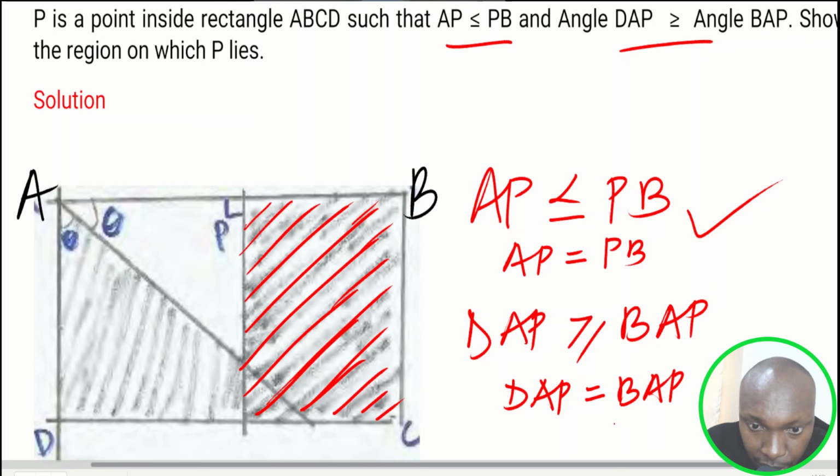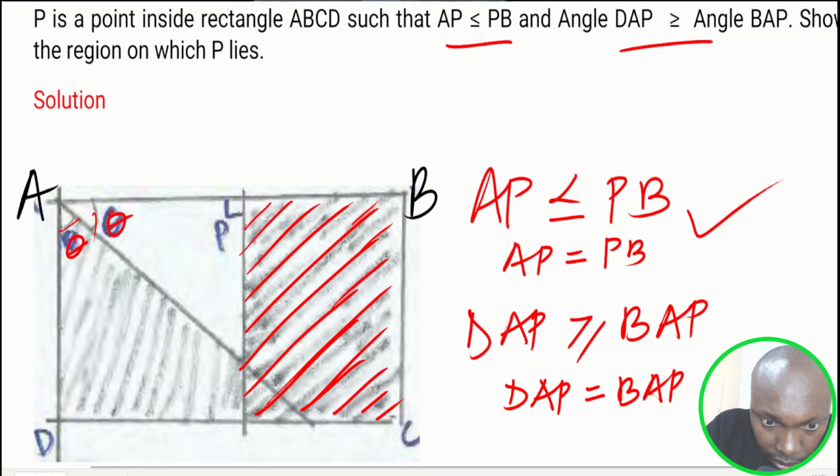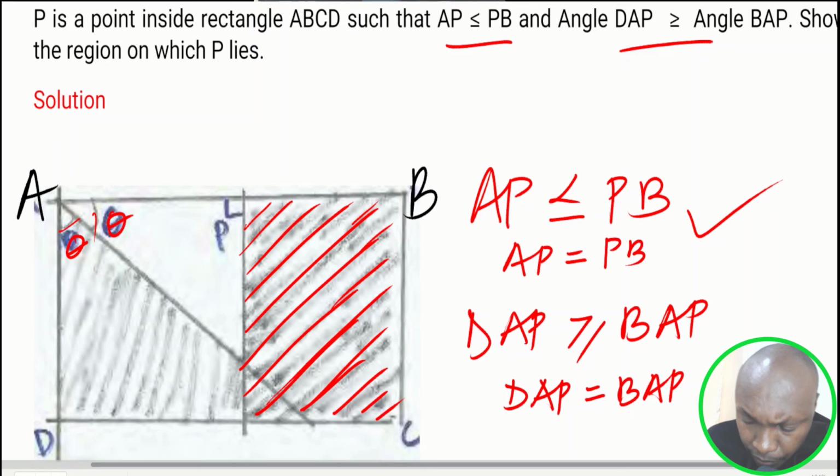That one tells you that this is the angle bisector locus, so to satisfy DAP equal to BAP, we just need to get the bisector of this angle, the bisector of DAB. If we bisect that angle, we shall get DAP, this angle here, being equal to this, and that will satisfy this.